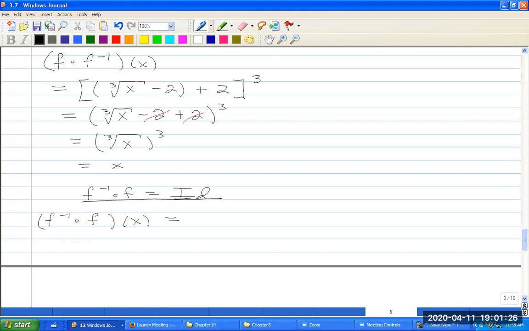So wherever I see an x in this formula for the cube root of x minus 2, oops, that's a minus 2, I'm going to replace x by x plus 2 cubed.